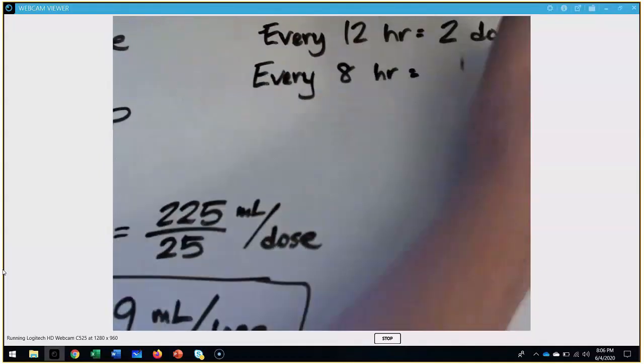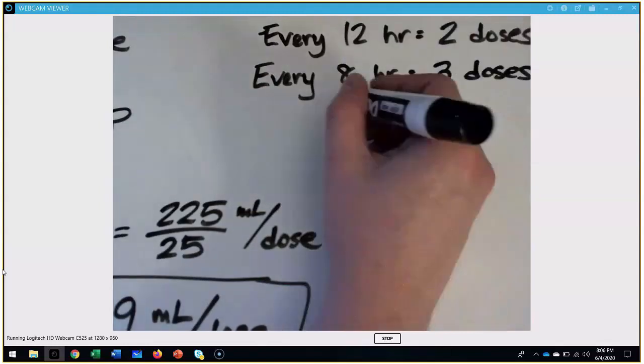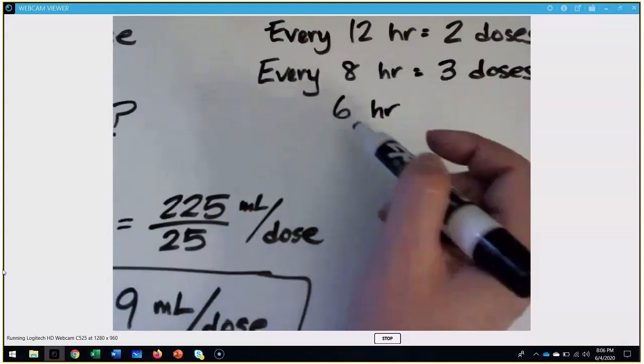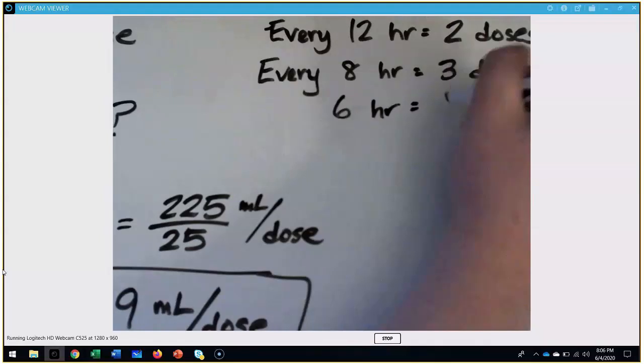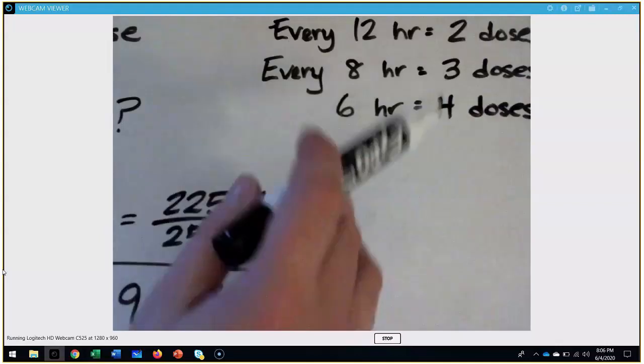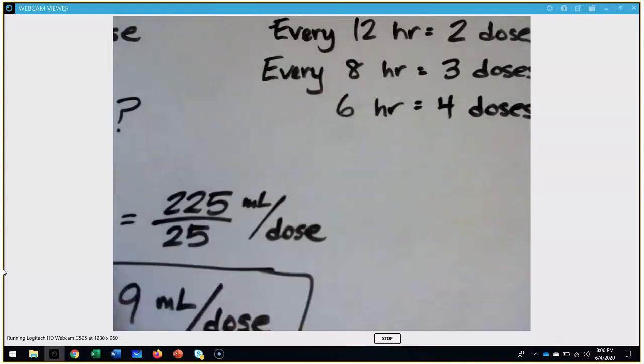So 24 divided by 8 means that would be 3 doses. Every 6 hours would be 24 divided by 6, that would be 4 doses a day. Okay. And so on. I didn't write that out, but that's where the 2 came from.